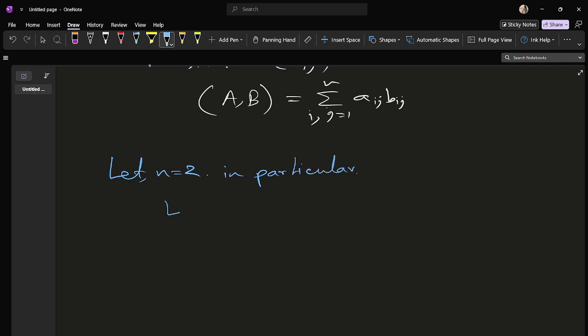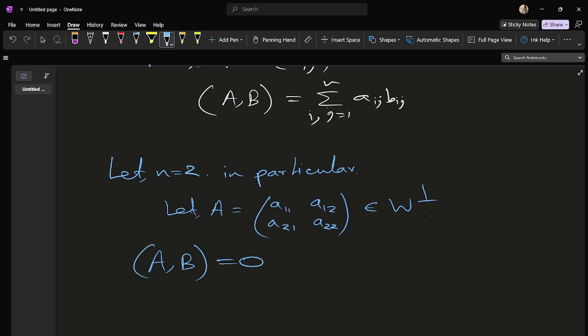Then let A be a11, a12, a21 and a22, which belongs to W perp. So then the inner product of A with B is equal to 0 for all B belonging to W, as A belongs to W perp.